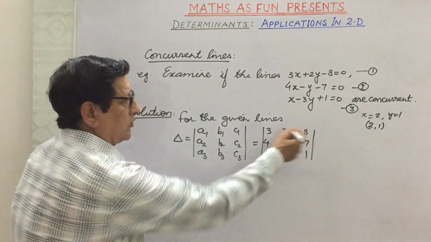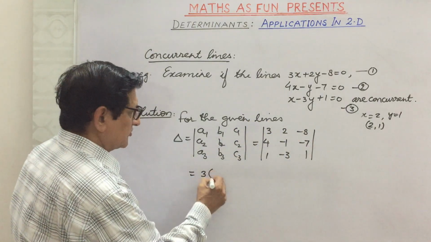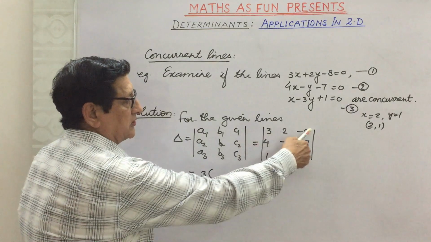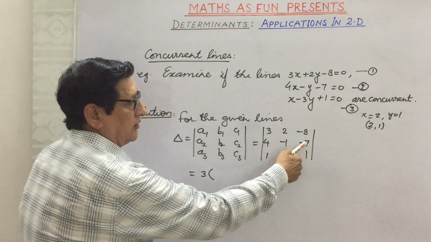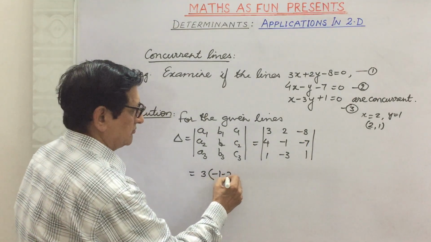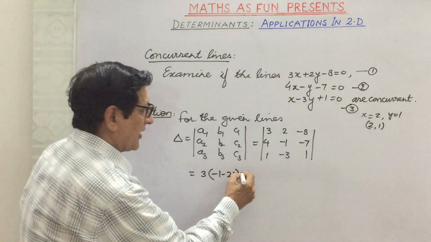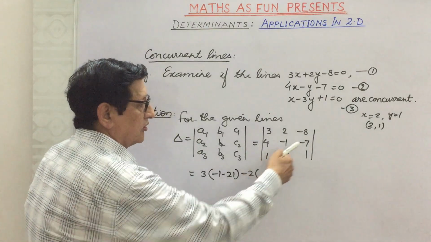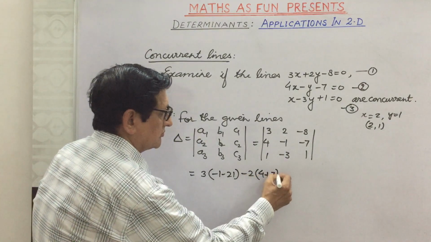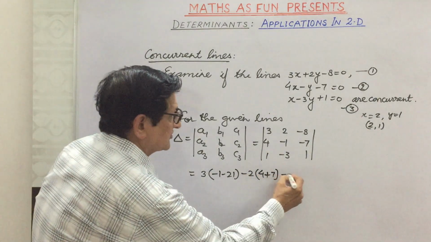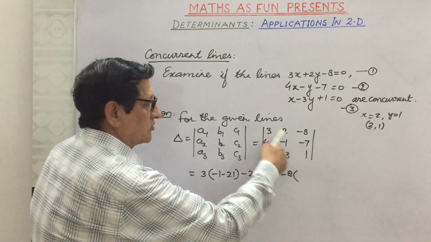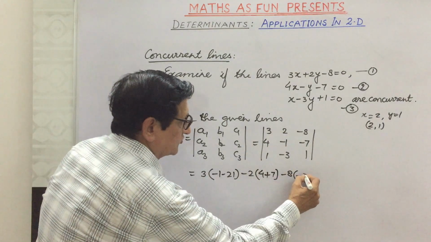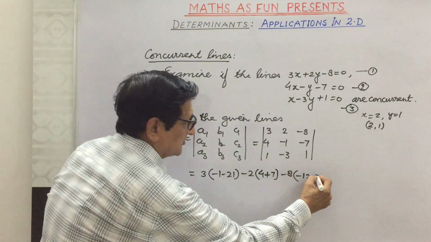Expanding the determinant along row 1, we are getting 3 into leaving this column and this row minus 1 minus 21. Minus 2 into leaving this column and this row 4 plus 7. Minus 8 into leaving this column and this row minus 12 minus plus 1.